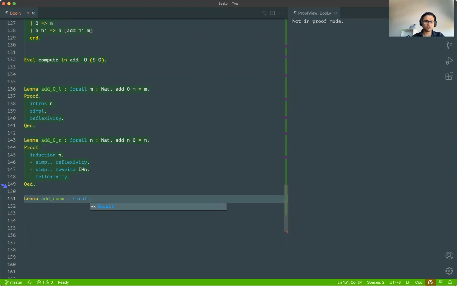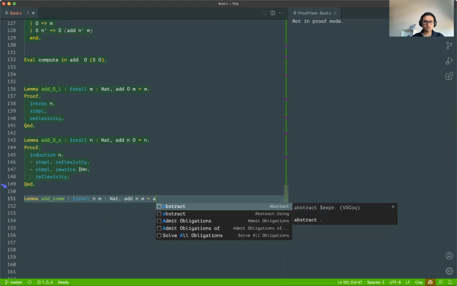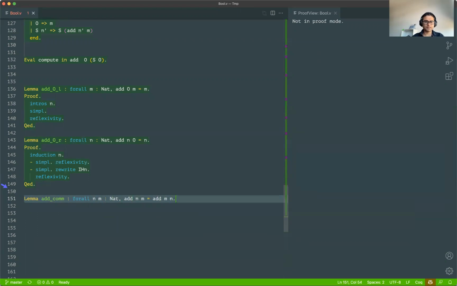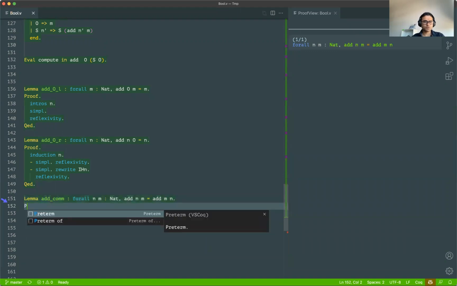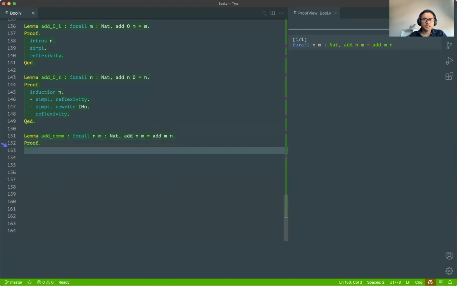In this case, I'm going to say for all n m of type nat, add n m is equal to add m n. Okay. Now I can do intros n m and destruct n, and you go and convince yourself that it will not work. You won't be able to finish the proof.